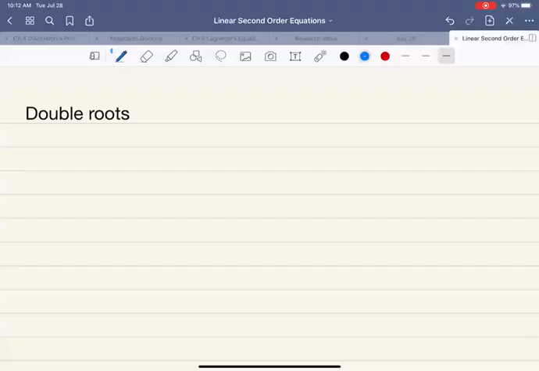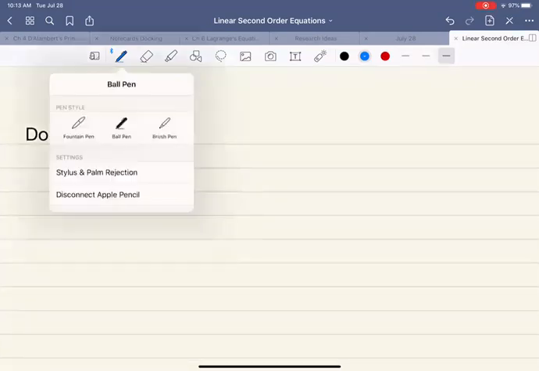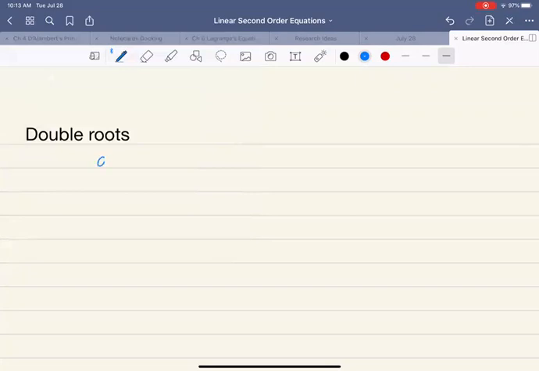All right, so let's go ahead and just real quick, we had ay double prime plus by prime plus cy equals 0. Okay, and using the substitution y equals e to the rt leads to ar squared plus br plus c equals 0.